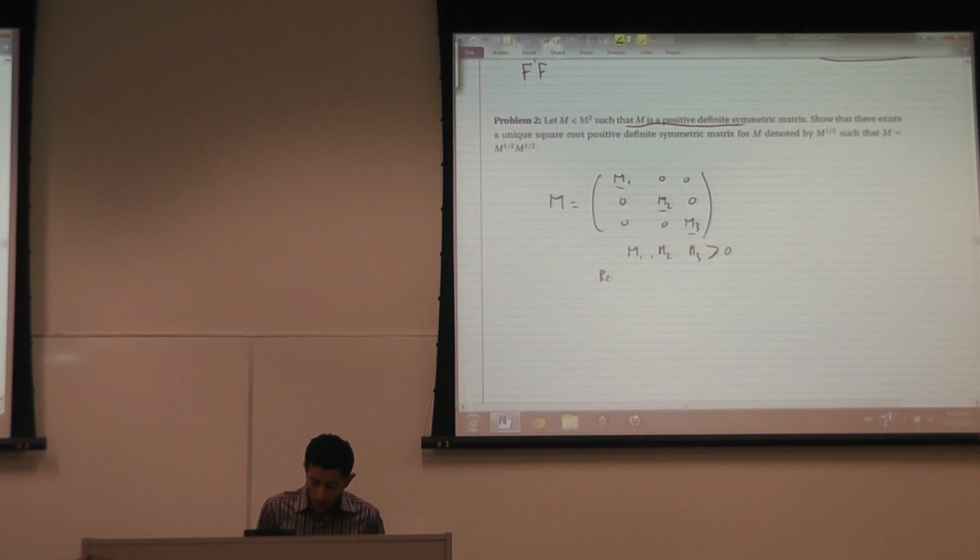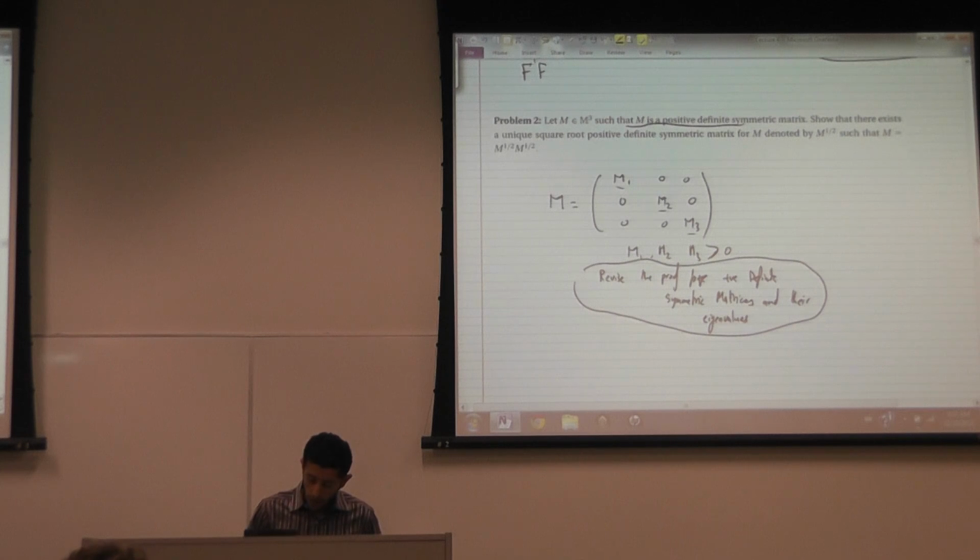So revise the proof for positive definite symmetric matrices and their eigenvalues. Revise the proof for the statement about positive definite symmetric matrices and their eigenvalues.